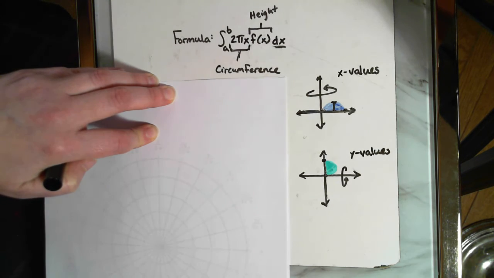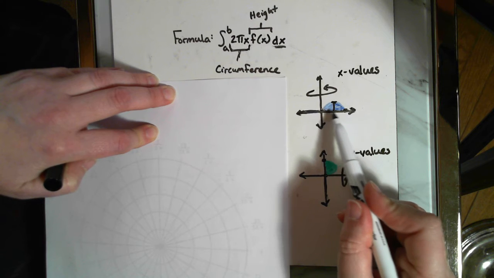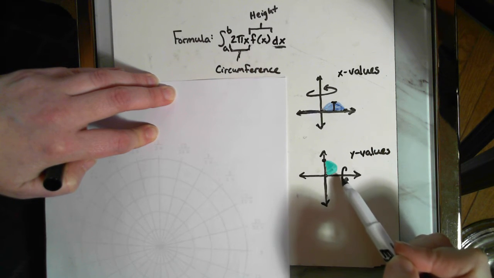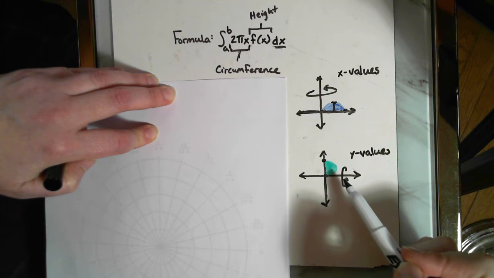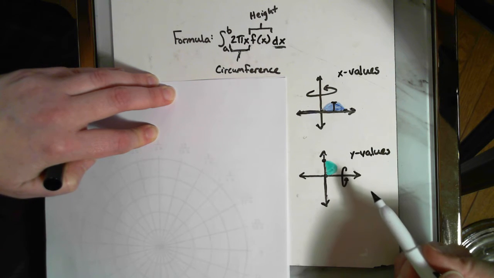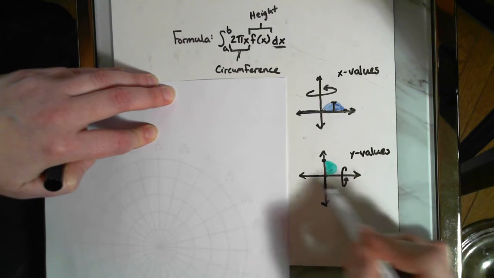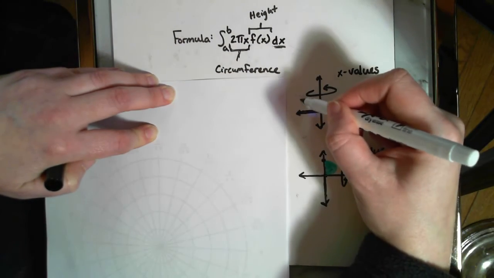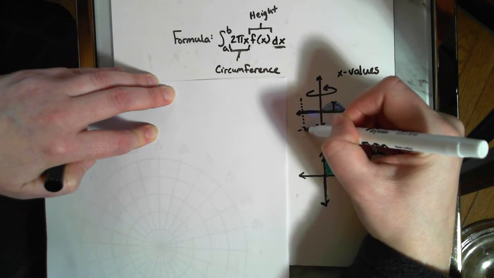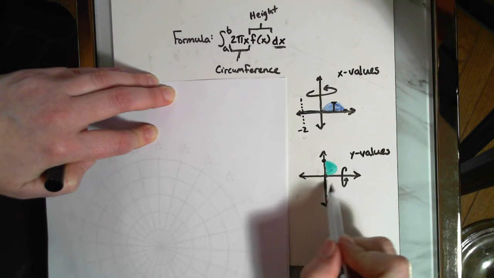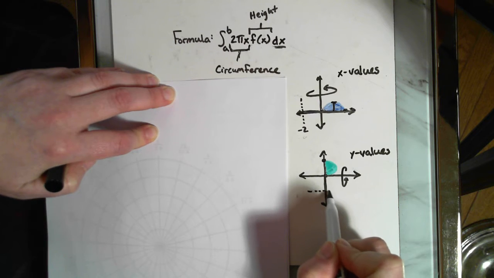So the radius, generally, if you're just going around an axis, is just going to be an x value or a y value. So you're just going to keep x or y there. Now, if your axis of rotation happens to be not the x-axis or y-axis, so let's say I'm rotating around -2.